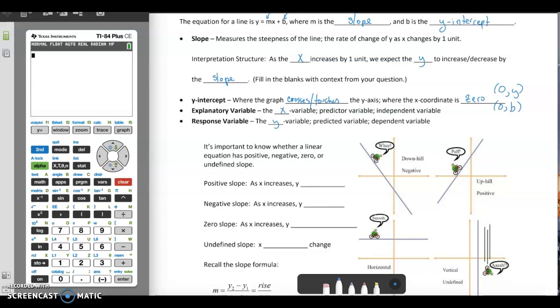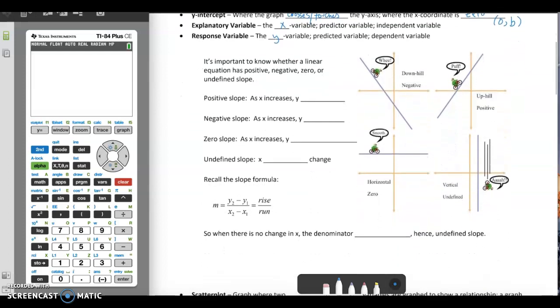It's important to know whether a linear equation has positive, negative, 0, or undefined slope. So I've got some visuals over here and also some explanations. When you have positive slope, as your x increases, y also increases.